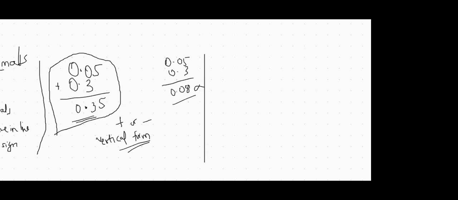And say the question was 0.05 plus 0.3. The student answered the question as 0.08. Then the exam would ask, what is wrong with the student's solution? Please, have you all seen such past questions before?